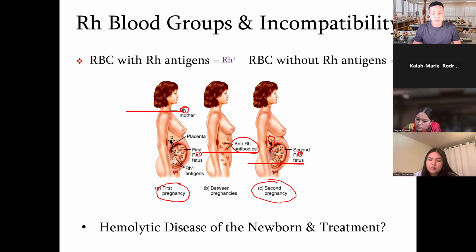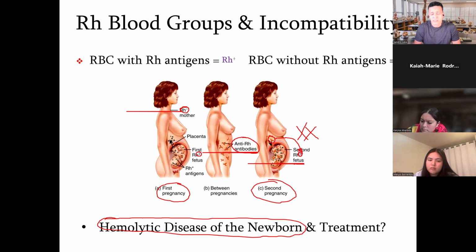And the antibody is going to find the RH antigen, is going to bind to the red blood cells, and is going to lyse and destroy the red blood cells of the fetus. This is going to lead to a condition called the hemolytic disease of the newborn. Okay, this is very serious, and it could kill that fetus. It could kill that baby.